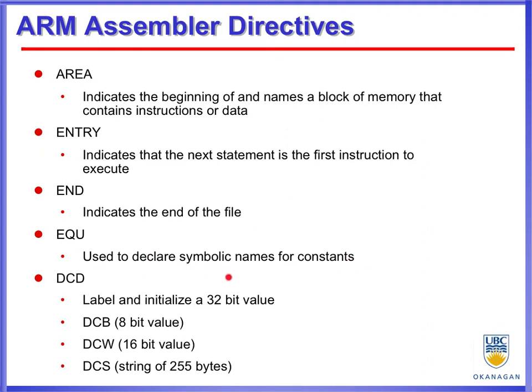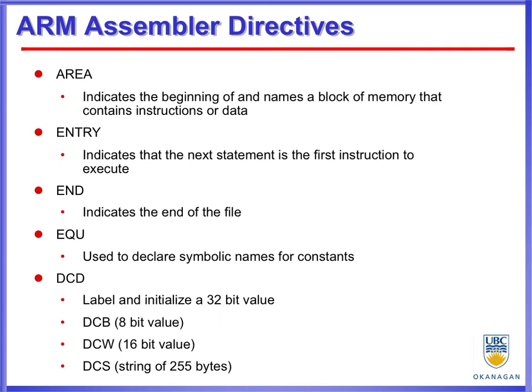This is where you want to associate a name with a memory address, whereas DCD actually labels and initializes a 32-bit value, DCB an 8-bit value, DCW a 16-bit value, or DCS a string of 255 bytes. We'll see how we use these in an example. So this is how you actually give a memory address a value, whereas here you're saying, well, this label means this.